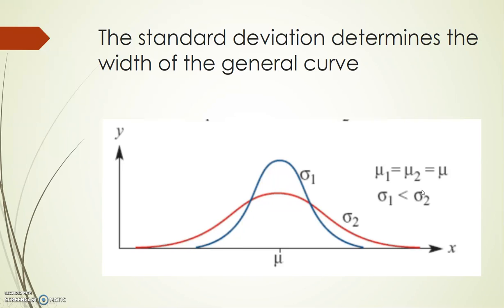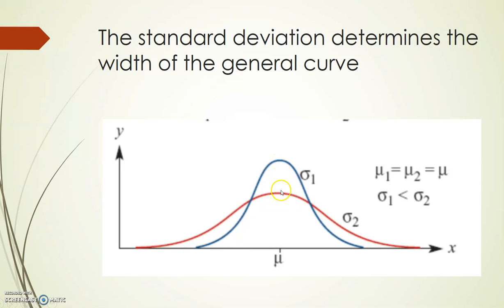So when we look at the two curves, we can see that the peaks, or the centre of the distribution, are both located in the same place for the two curves. They're both here. However, the second distribution is much wider than the first distribution because its standard deviation is greater than the standard deviation of the first curve.